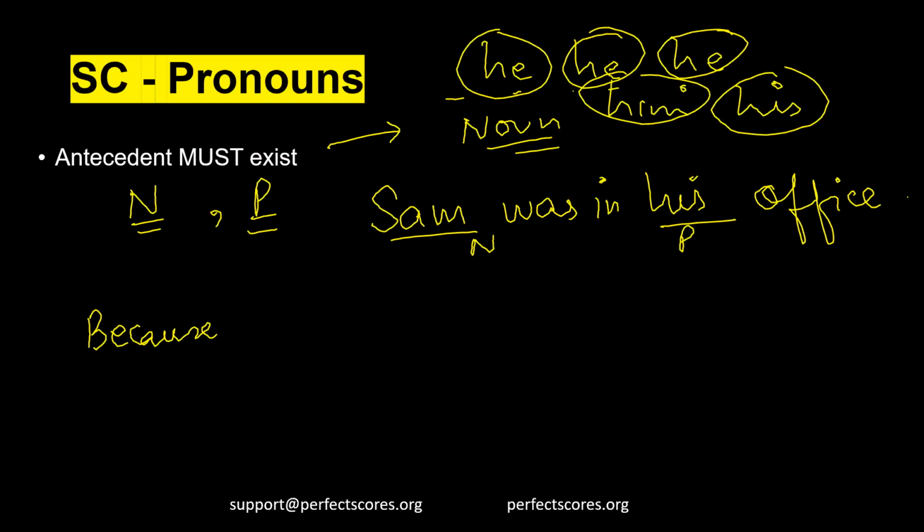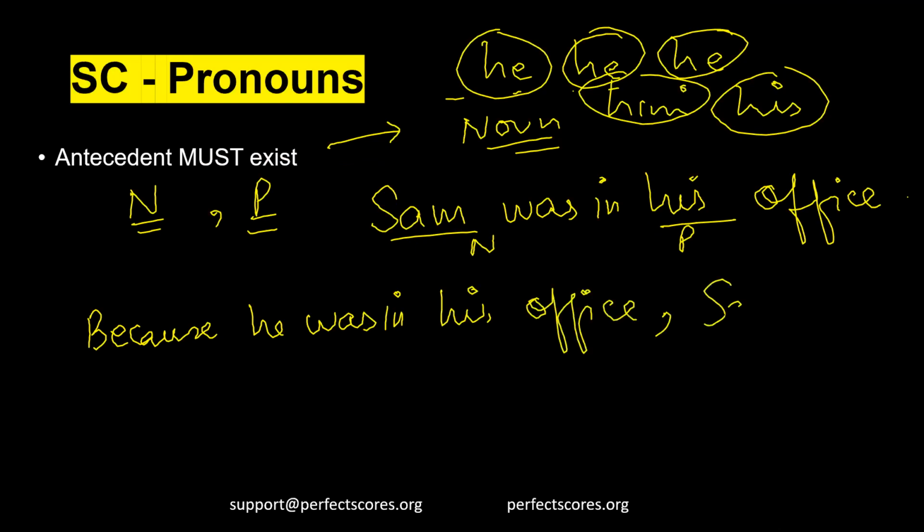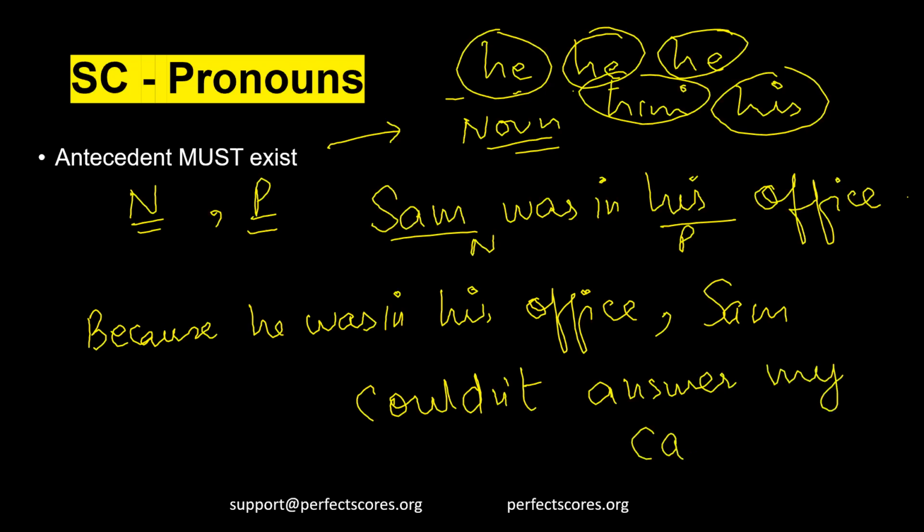So for example, because he was in his office, Sam couldn't answer my phone or answer my call. So in this case, the pronoun he and the pronoun his are coming before, but you still have a noun in place of which you are using those pronouns.